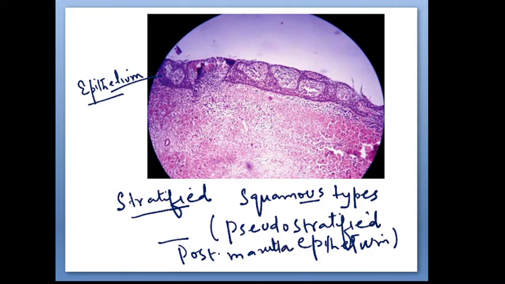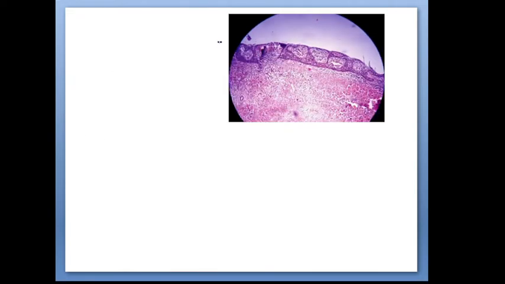Number two, we have to remember the thickness of this epithelium is varied. It is quite thick and prominent compared to developmental cysts. The cell layers are varied in number.